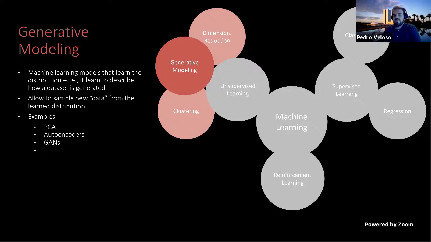They learn how to describe how a data set is generated. So you use a data set of chairs, for example, to train a model, but that model not only learns a task like classification, it learns how to generate new samples, new alternatives of chairs based on that distribution. There are many examples like PCA, autoencoders, GANs, and I think some of the models you're using in this workshop are inside this category.